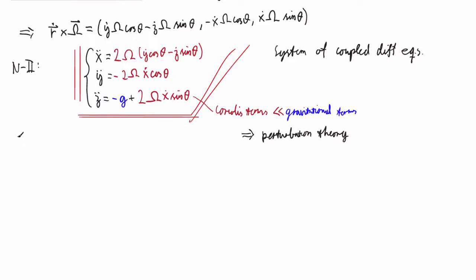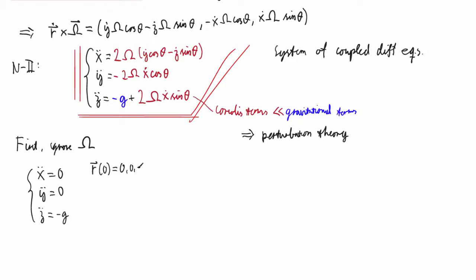So the first step here is to just ignore big omega. So then you get the following system of equations, which is much easier to deal with. Right? I'm going to say that r at time 0 equals 0, 0, 0.